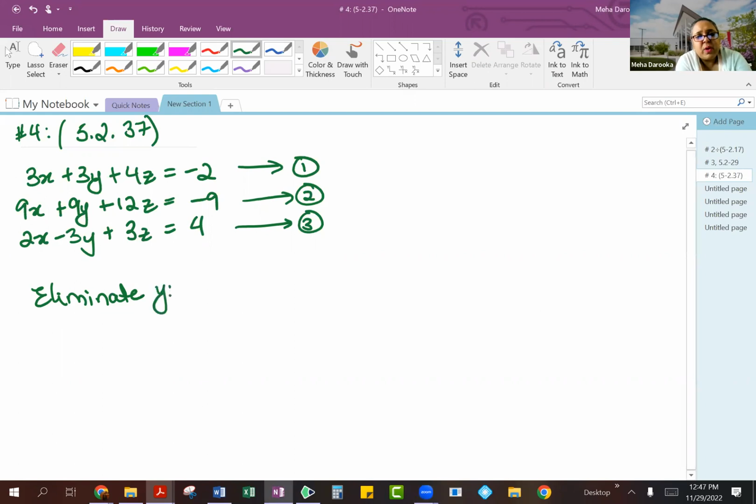And to eliminate y, what would we need to do? Remember, you can do the combination of equation 1 and 2, equation 2 and 3, equation 1 and 3, however that works out. So which 2 equations would you combine, and what math would we need to do?